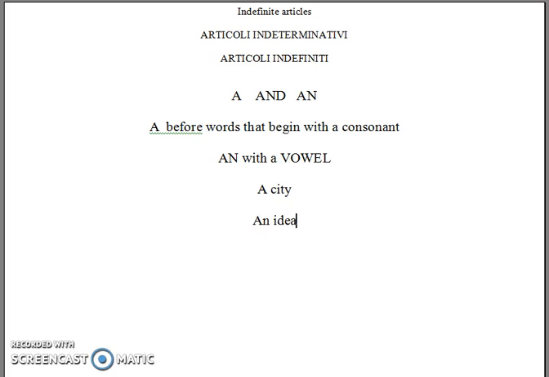an idea. Now, once in a while I trick my students and I ask, then if that is the case, why do you have something like a university? Shouldn't it be an university? Well, yes, no. What is the reason?